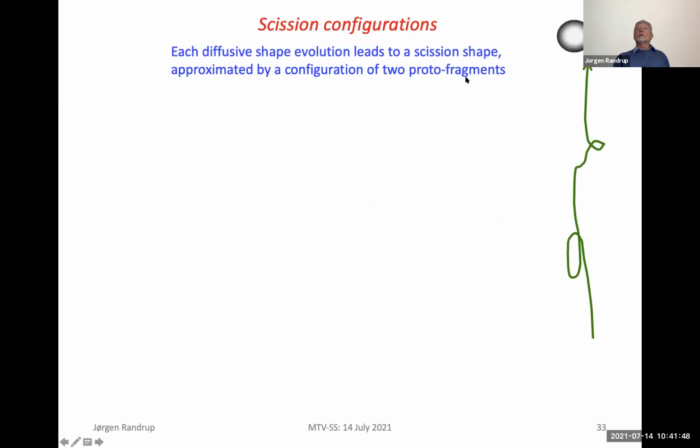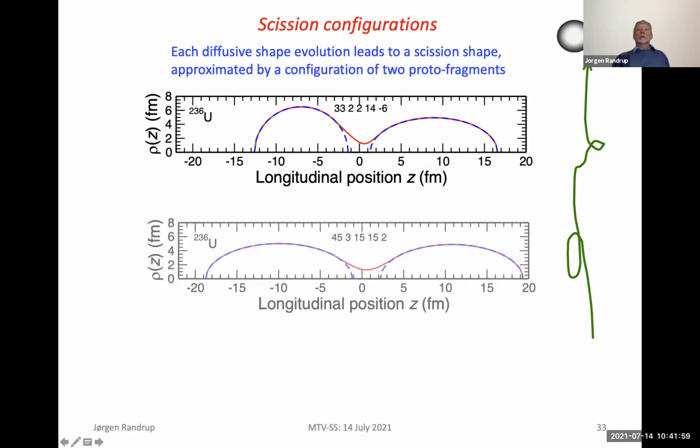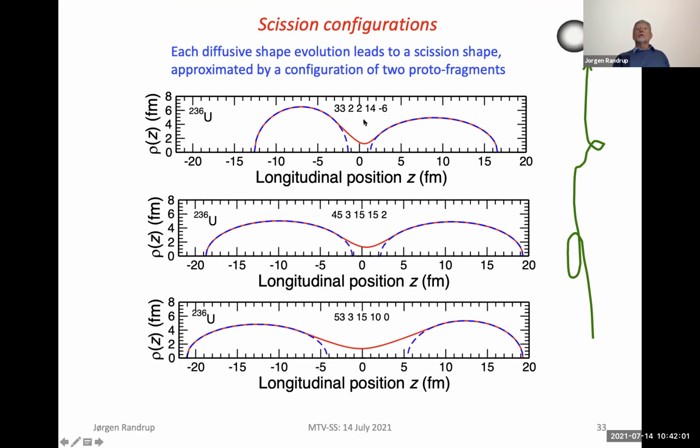So the scission configuration, here you go through this diffusive evolution, and sooner or later you come to the scission configuration. And here are some actual scission shapes that we have calculated. You see, we stop when the neck is 1.5 fermi or something here.